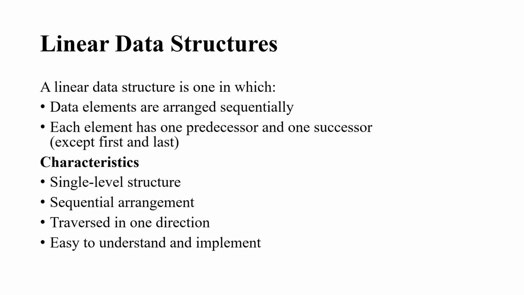If you want to traverse, you can traverse it in one direction. Traversing means visiting each and every element of that particular data type. It is easy to understand and implement. When compared to non-linear data structures, linear data structures are easy to understand and implement.